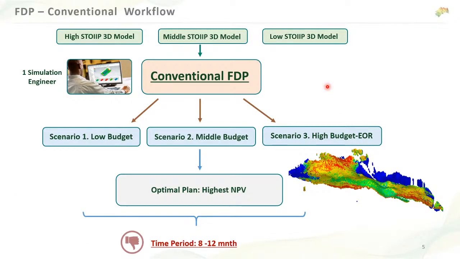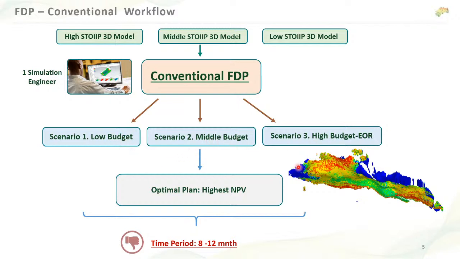Here you can see this is a flow chart of the conventional process. You may have three different models. Then you have a simulation engineer who's told what the FDP options are, and then he converts them into the simulator language, for maybe three scenarios: a low capex, a middle capex, and a high capex.